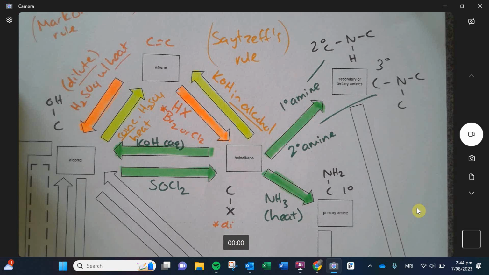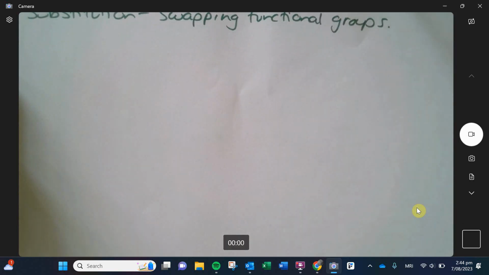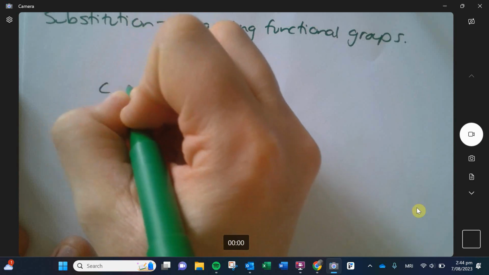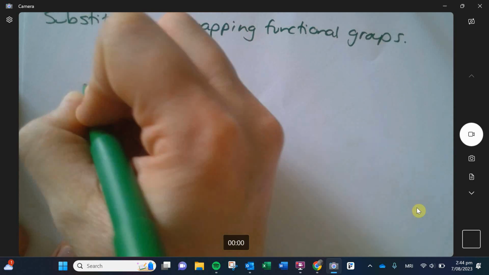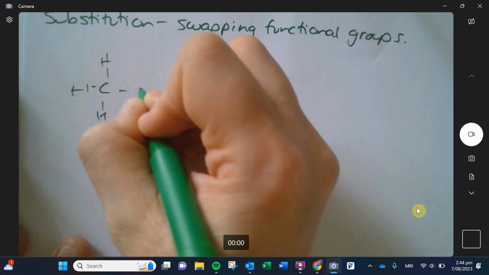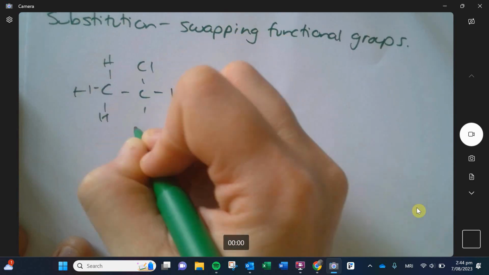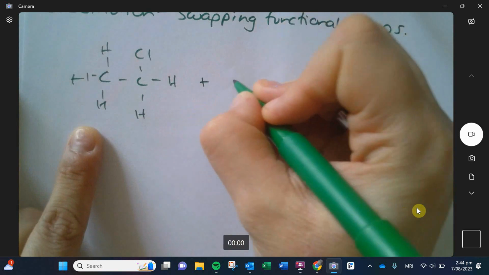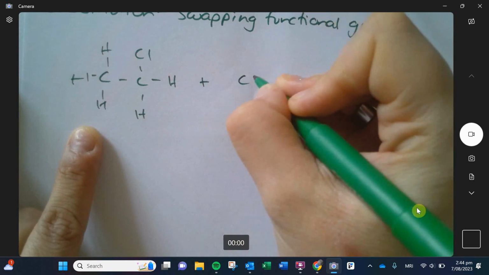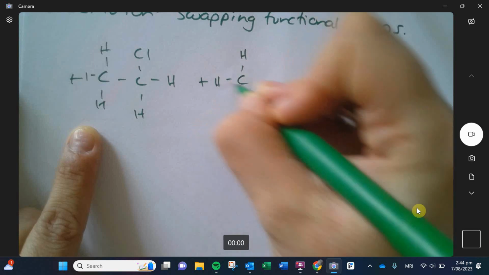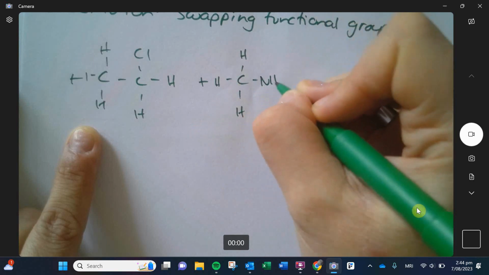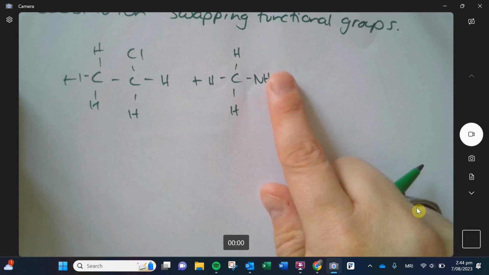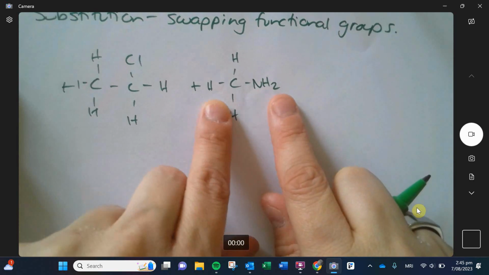So if I had a haloalkane, like C, let's say I had this, and if I want to make a secondary amine, I would have something like that. So that's already a primary amine, because it has a nitrogen that's only attached to one carbon.